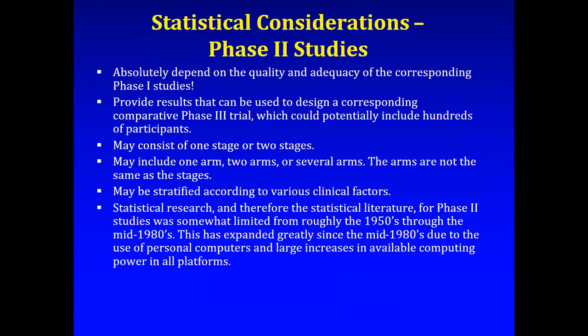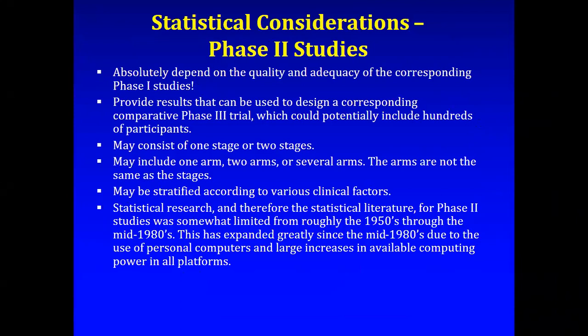It depends on how the results of the phase 2 study come out. I don't think I mentioned this before, but phase 3 trials are the ones that can involve hundreds or maybe even thousands of patients or participants. But before doing a phase 3 trial, we want to have some excellent results from our phase 2 studies.